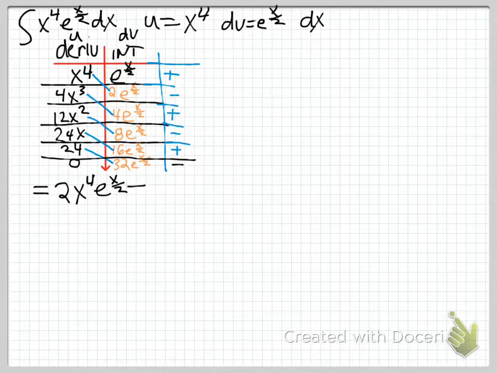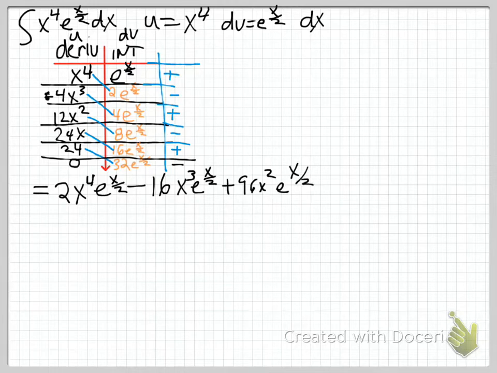And then the next one's going to be a negative 16, because you're multiplying your 4 times your 4 here. And you have negative 16 x to the third e to the x over 2. Then we have 12 times 8, which would give us 96 x squared e to the x over 2.